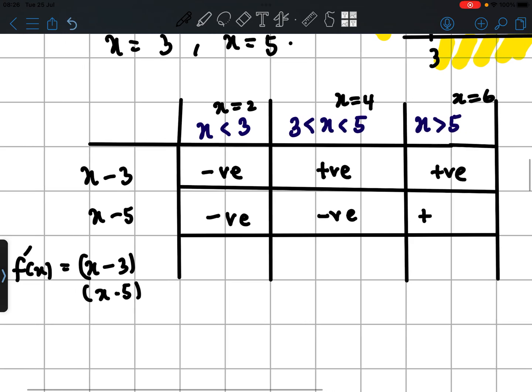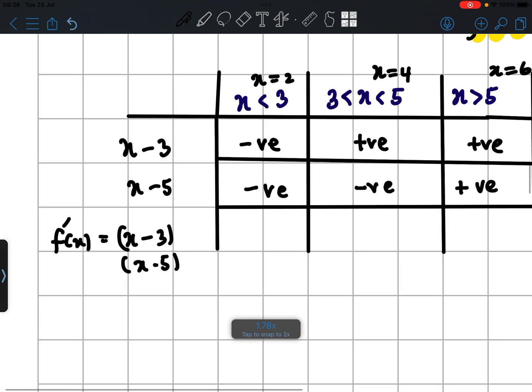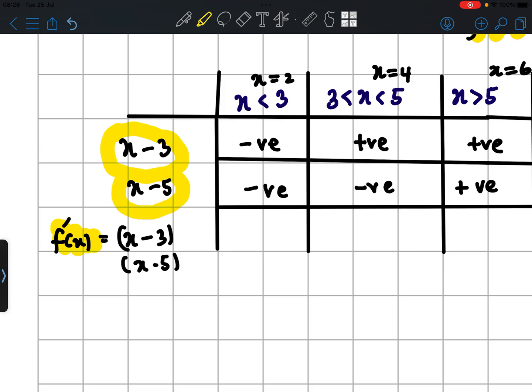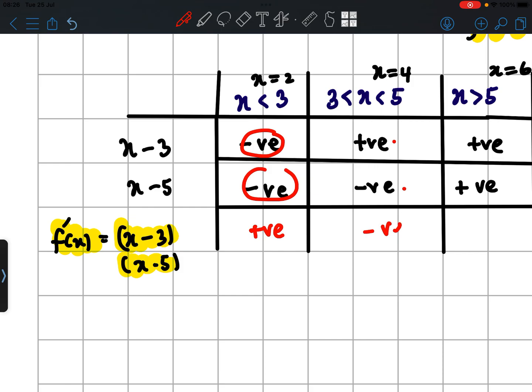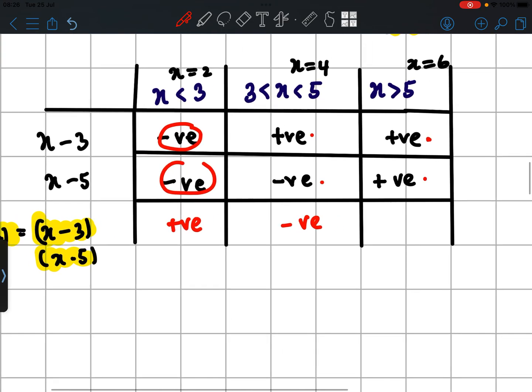And then we need to consider the sign for f prime of x, which means this sign times with this, because the function is (x minus 3) times (x minus 5). So when we multiply the signs, negative times negative is positive, positive times negative is negative, positive times positive is positive.